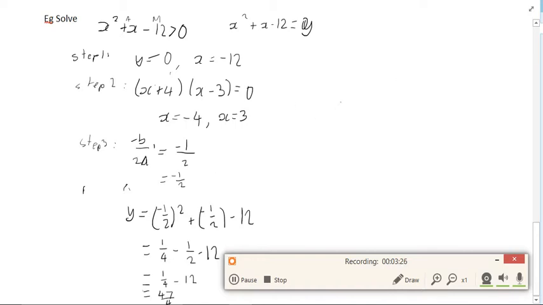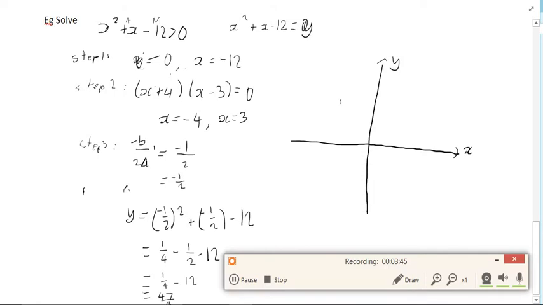So if you were to graph this, once again, I strongly encourage the use of a ruler. So you've got the x, y coordinates. You know it cuts the, sorry, that was when x is equal to 0, I apologize.